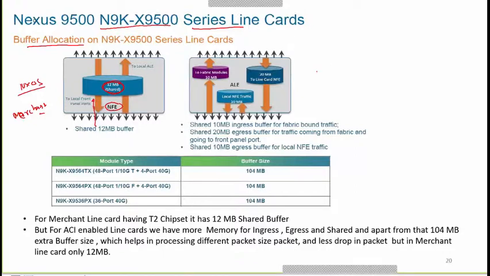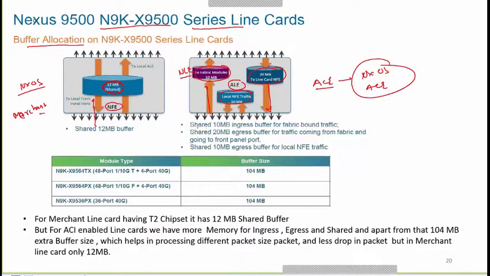But if you are using an ACI enabled line card, what does it have? It supports both NXOS and ACI. So for NXOS, it has 10 MB on the NFE for ingress, 12 MB for egress, and 10 MB on the ALE, the leaf engine.